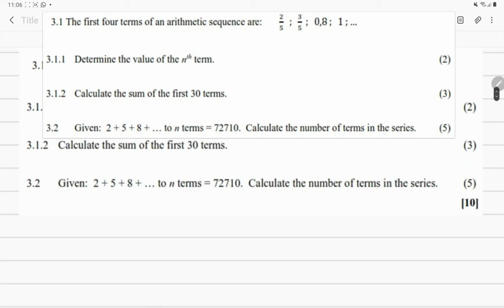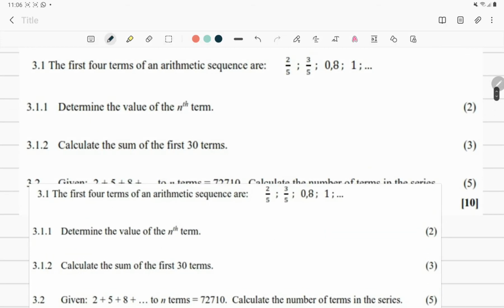So remember one thing here. If they talk about the nth term, they talk about the general formula.